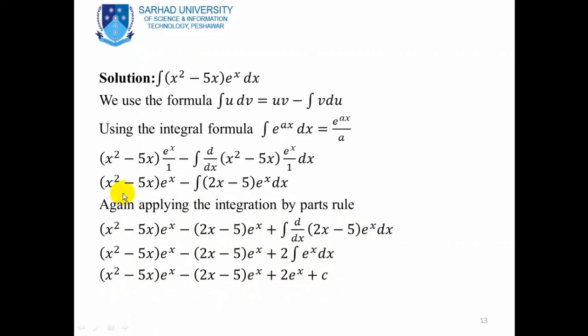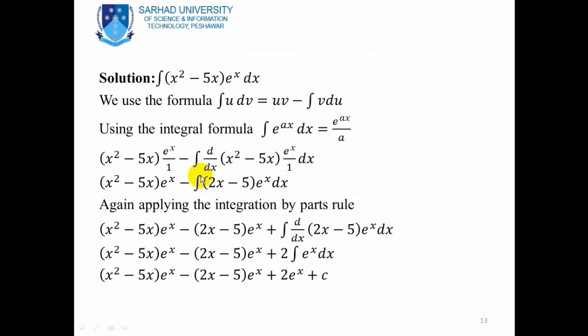So this is the procedure for the integration by parts formula. In integration by parts, we have two functions in product form. When a polynomial and a trigonometric function are multiplied, consider the polynomial as the first function and the trigonometric function as the second function. Similarly, in the product of a polynomial and a logarithmic function, consider the logarithmic function as the first function and the polynomial as the second function.